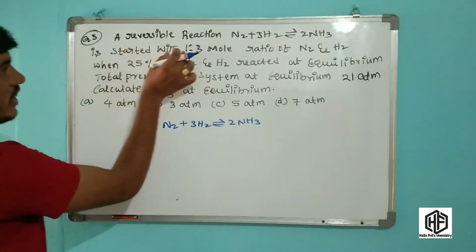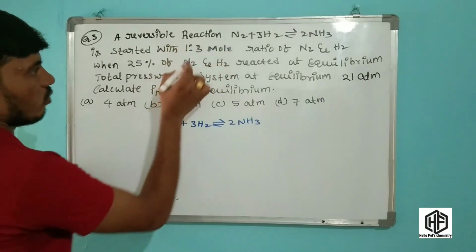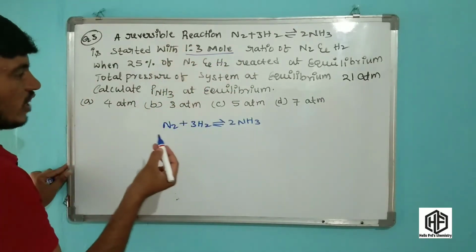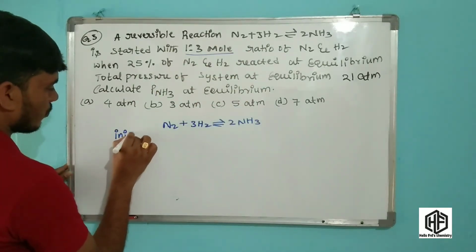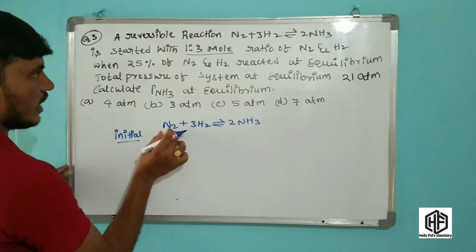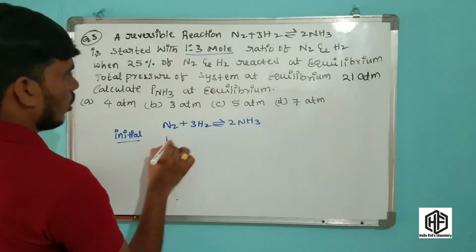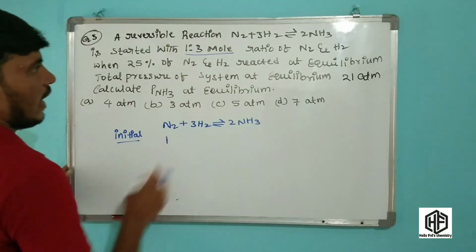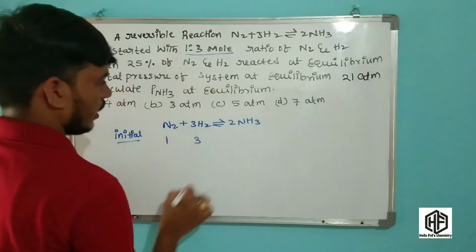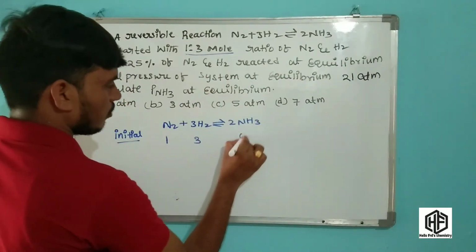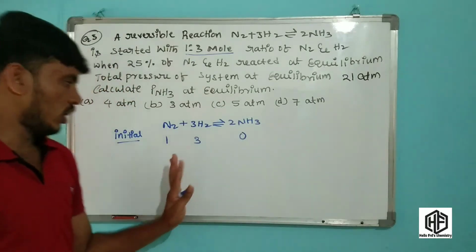It started with a 1:3 ratio of N2 and H2. Initially, N2 is 1 and H2 is 3, and initially the product cannot form, so it is 0. This is the concept.